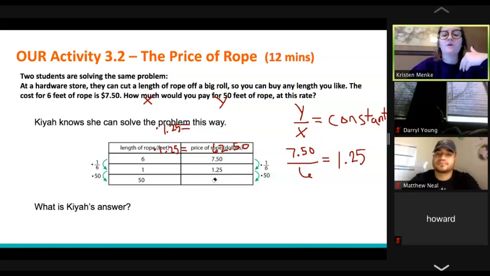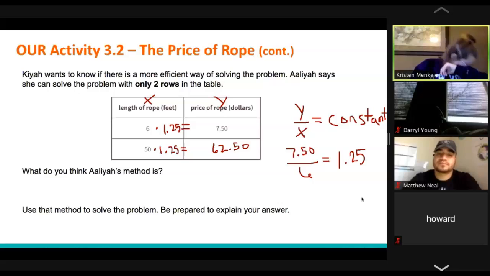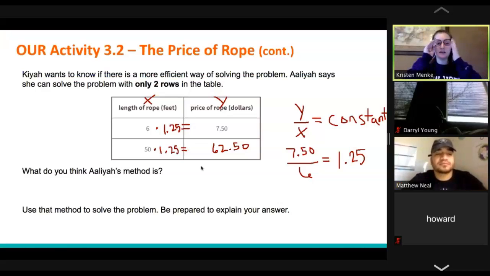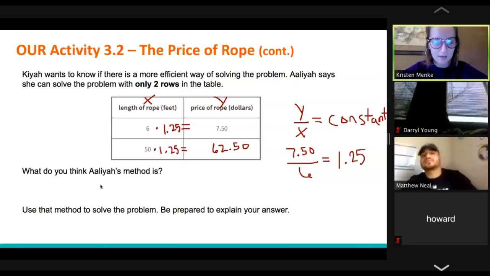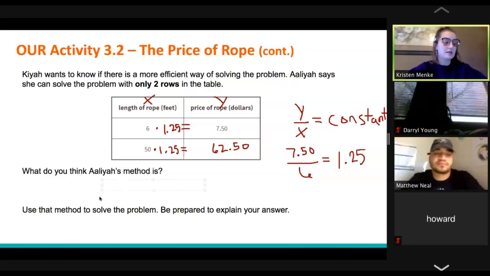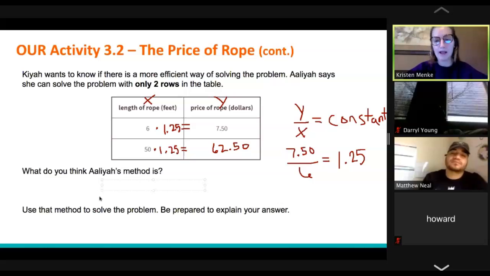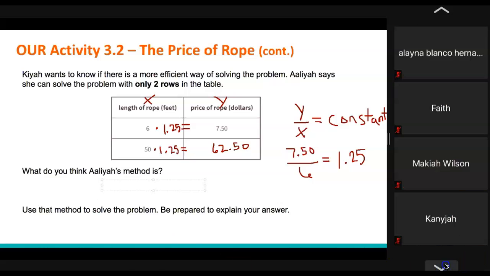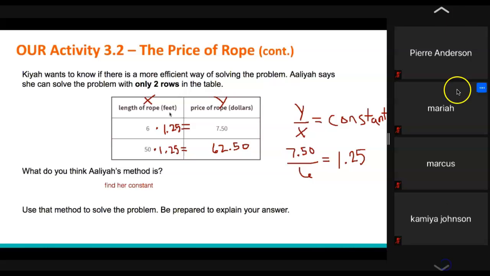So instead of having to do a large table, we can just find our constant and do our missing values. There are multiple ways to figure out our missing values in these problems. As long as it's a proportional relationship, we can find our constant by k equals y divided by x. So she found her constant, and we already found the answer.